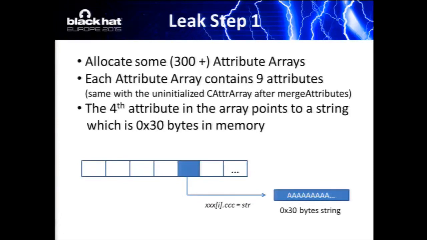To do the information leak, first we allocate some attribute arrays. Each attribute array contains 9 attributes, which is the same as the uninitialized C attribute array. We set the first attribute to point to a string which has 30 bytes in memory.